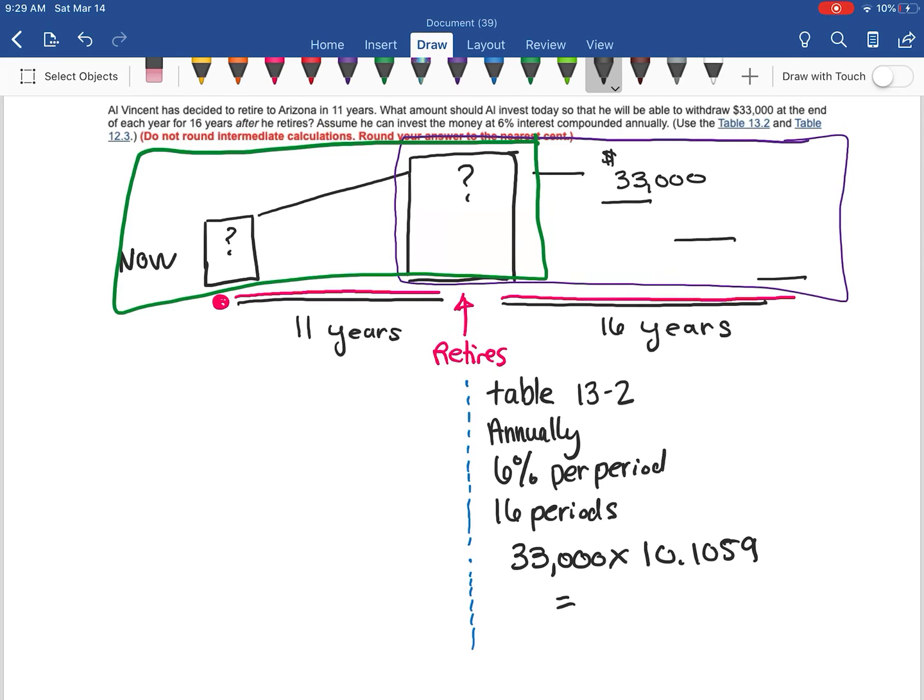And what that will give you is $333,494.70.